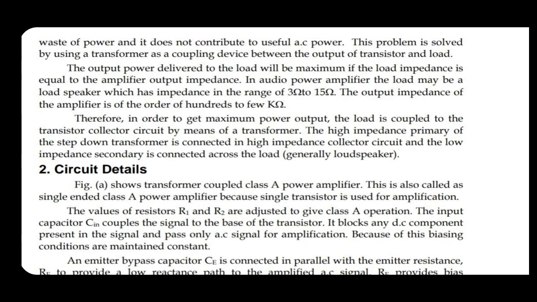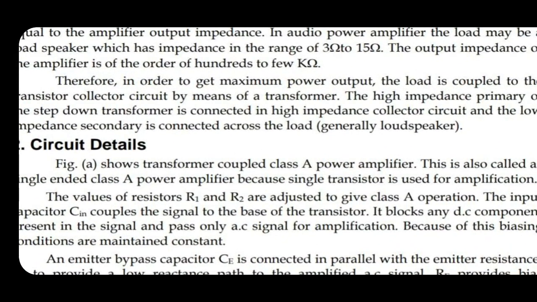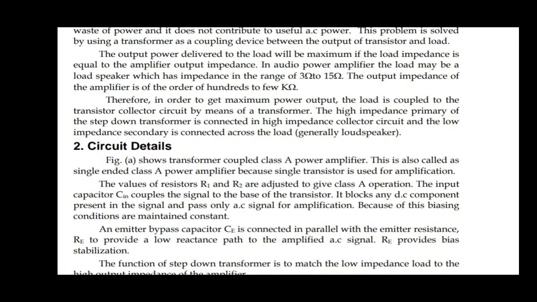In an audio power amplifier, the load may be a loudspeaker, which has an impedance in the range of 3 ohm to 15 ohm. The output impedance of the amplifier is of the order of 100 ohm to a few kilo ohm.